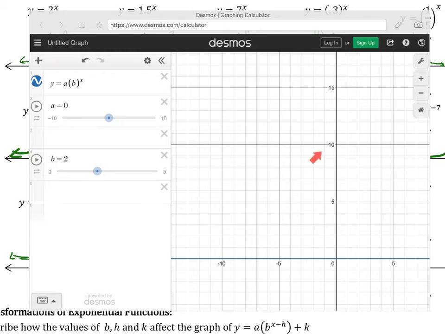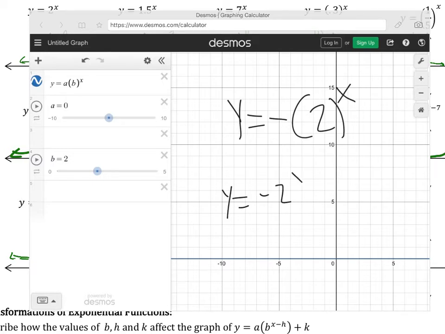Notice this, we go right 1, down 2, because 2 to the first is 2. Right 2, down 4, because 2 to the second is 4, but we're making it negative. So this right here is y equals -(2 to the x). That's the better way to write it, but it's important to understand that it is the same as y equals -2 to the x.